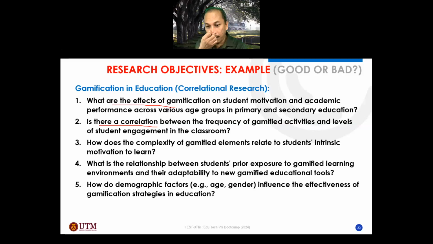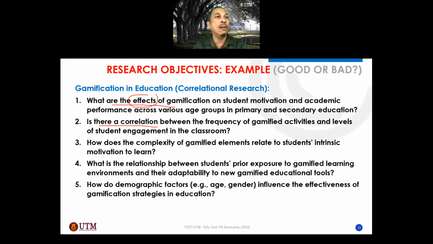So it's easier. Once you have a research objective, just copy and paste and change the action verb into a question. And it must be aligned between your research objective and research question. So if your research objective talks about effect, your research question also needs to use effect.